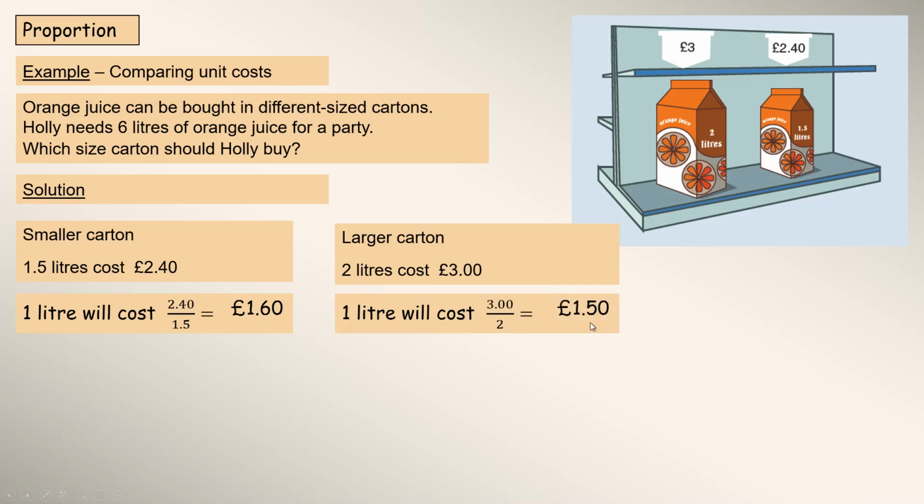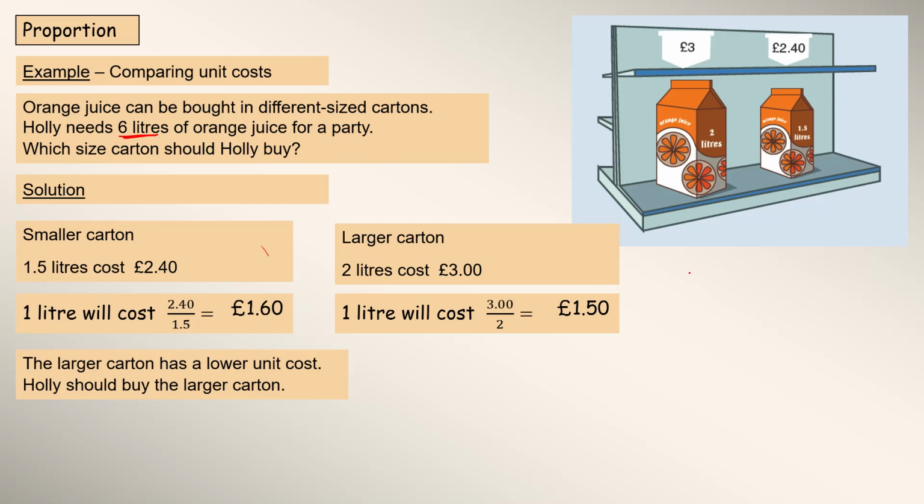So clearly, the larger carton is the most efficient way of doing that, and so Holly should buy the larger carton. Another way of doing it though, because she wants to buy 6 litres, as she's indicated here. So what she could do is she could find the cost of 6 litres.